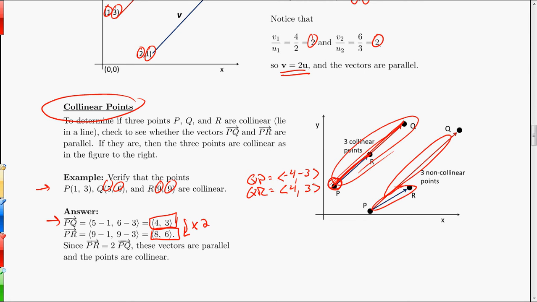And you'd notice that QR is just negative 1 times QP. So QP and QR are parallel, and the points are collinear. So it doesn't matter which point you choose as the initial point, but it does have to be the initial point for both vectors.